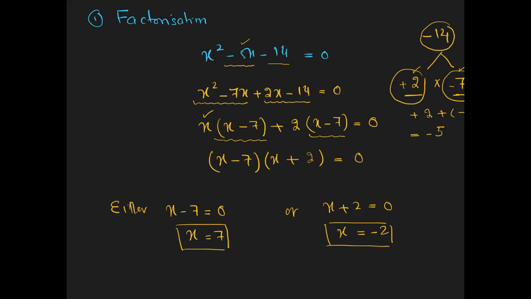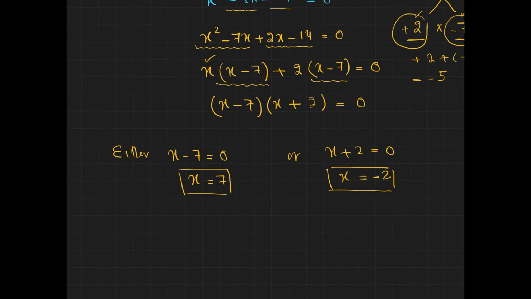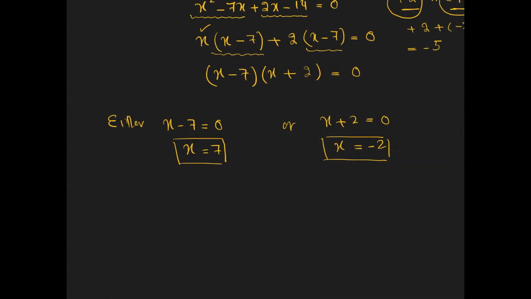Now, we will work out the same equation by completing the square. So, x square minus 5x minus 14 is equal to 0. To convert this equation into completed square form, we have to focus on this number, which is the coefficient of x.